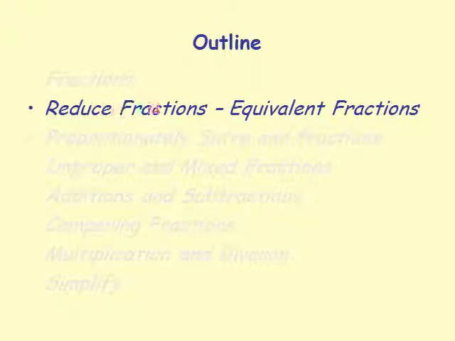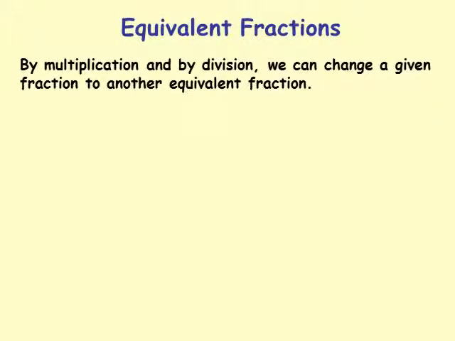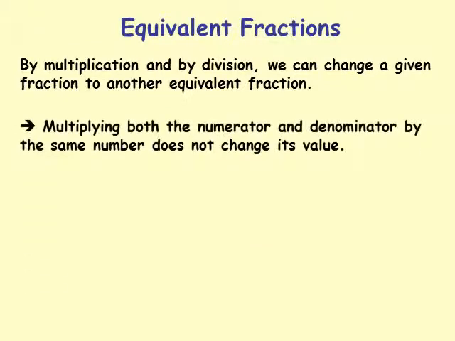Now let's get to the next section, which is reduced fractions and equivalent fractions. Let's find equivalent fractions. By multiplication and by division, we can change a fraction to another fraction which is an equivalent fraction. Let's see what we are talking about here.